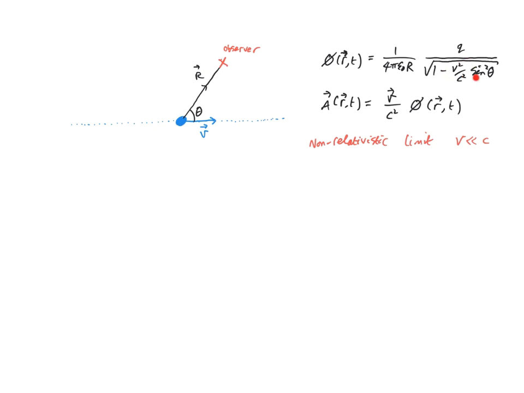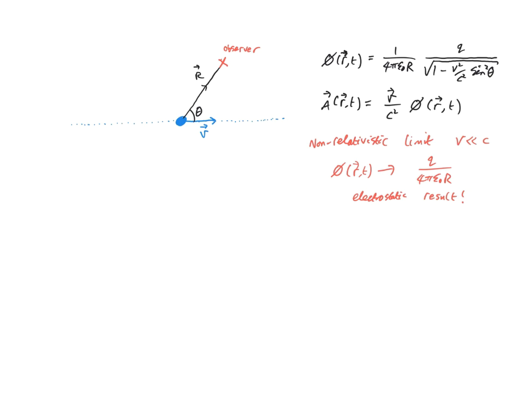Then we see that this quantity downstairs here, v squared over c squared, gets very small, and in the non-relativistic limit we get that the scalar potential basically goes to q over 4 pi epsilon naught r, which is the usual electrostatic result. This is the usual Coulomb law for the electrostatic potential.